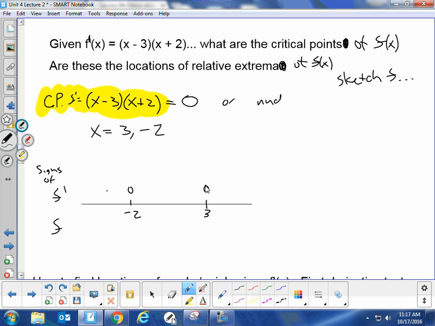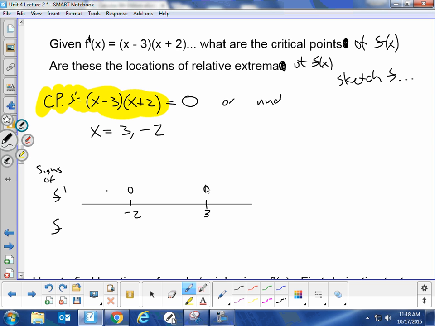Now that's sketching f prime here. We want to sketch f, which we don't know. Now, how do we do it?